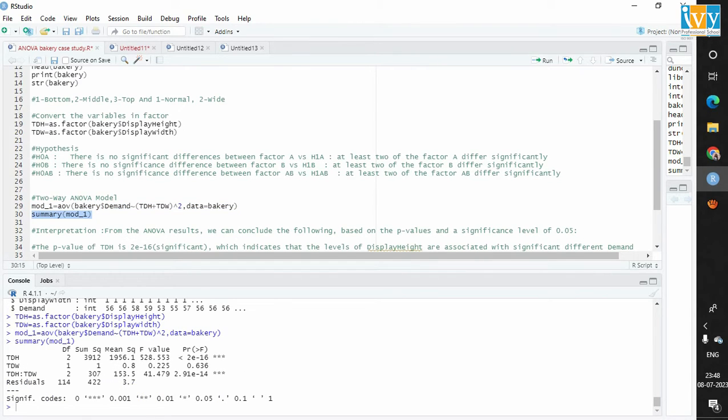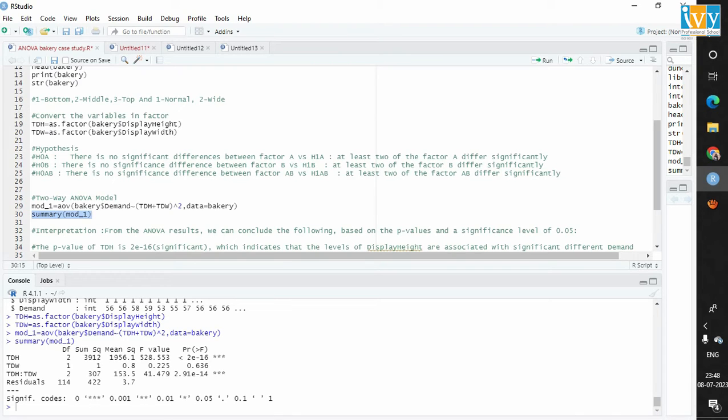Okay, so we have got the summary with degrees of freedom, sum of squares, mean sum of squares, F value and the p-value. So now let's find the interpretations of this summary table. We have fitted our two-way model to the data set, regressing the demand variable on both DH and DW factors and their interaction. The ANOVA results reveal some very interesting insight.